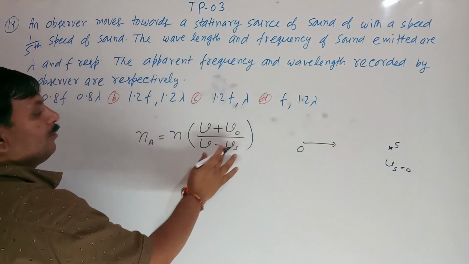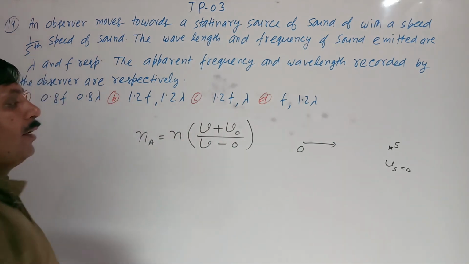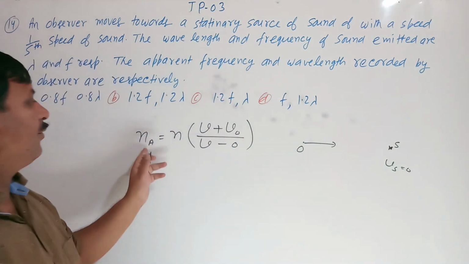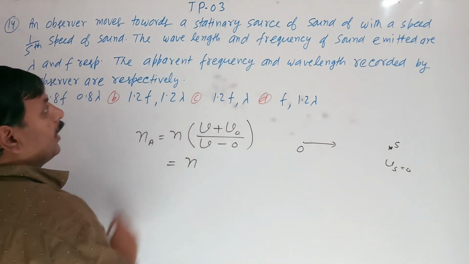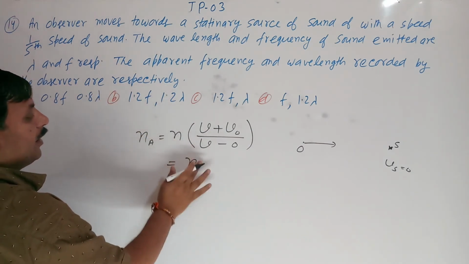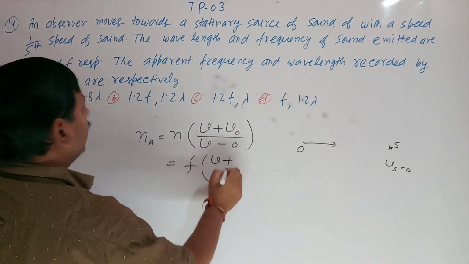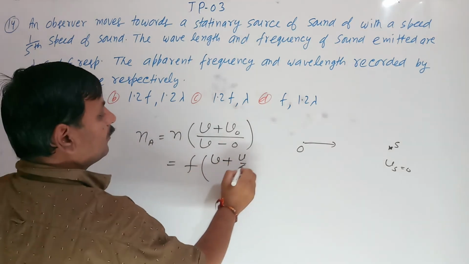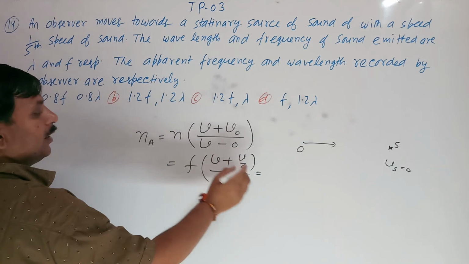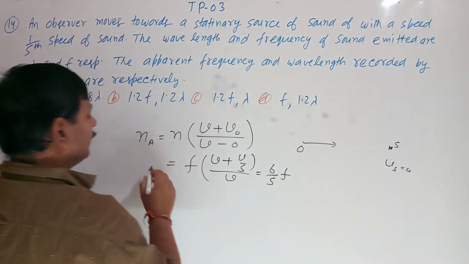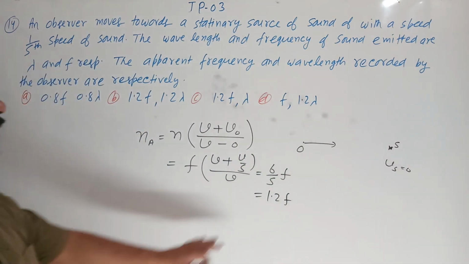If the observer is approaching, the formula is n is equal to n (V plus V naught) upon V. Frequency they have given f, and V naught is 1/5 of V. To solve it, this is 6/5 f, or we can say 1.2f. So the apparent frequency will be 1.2f.